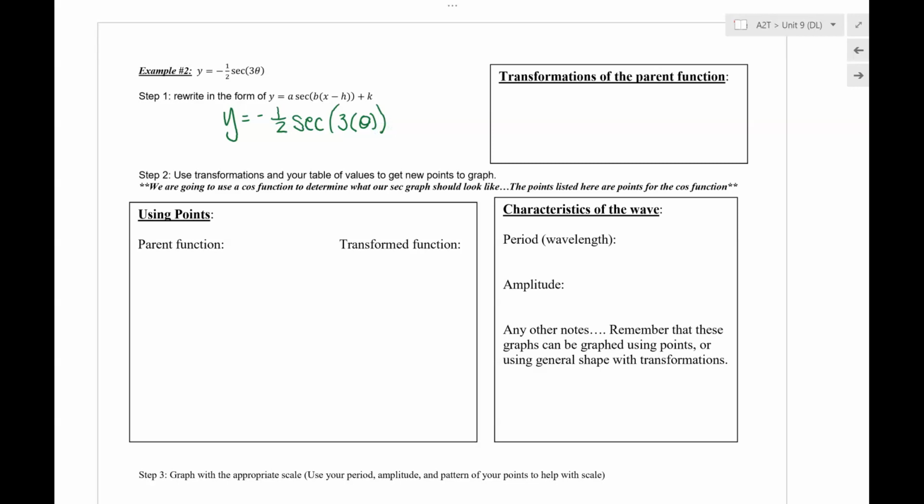Okay, so since a is being multiplied by a negative, we have a vertical reflection. The 1/2 means that we have a vertical compression. And the 3 being our b value means that we have a horizontal compression.